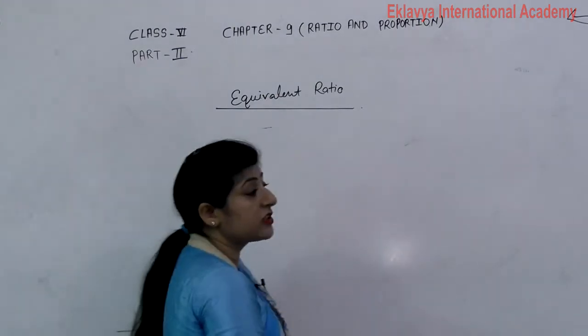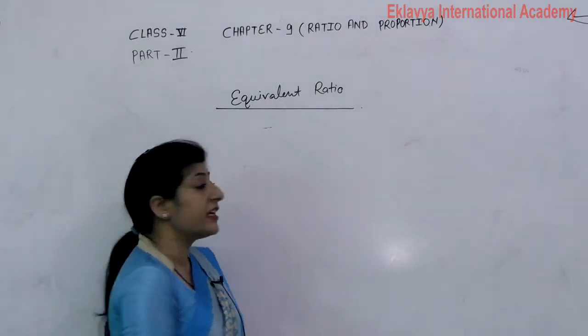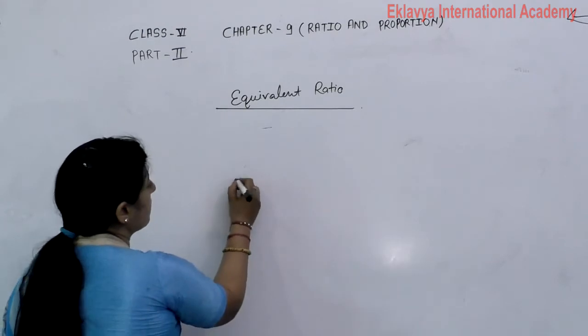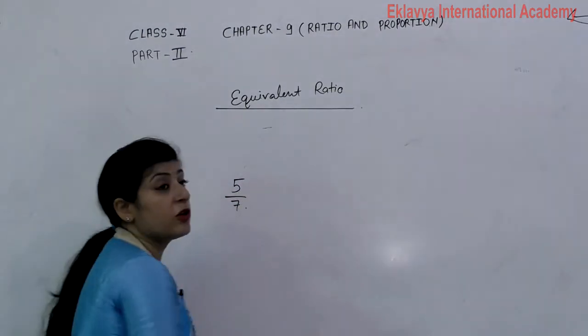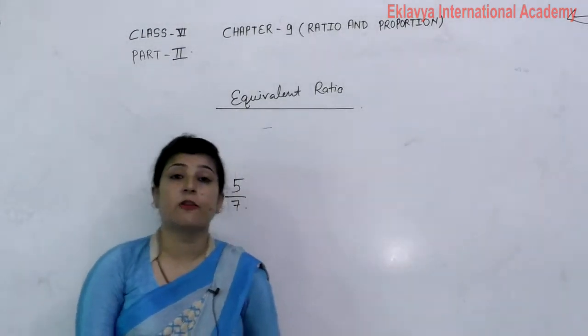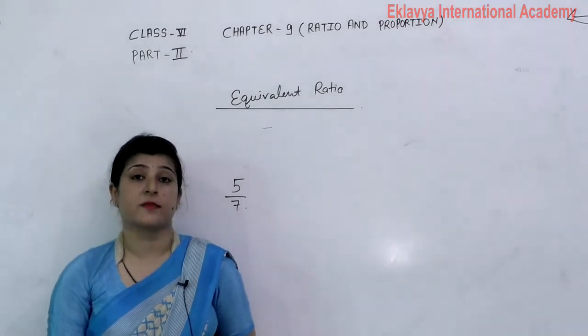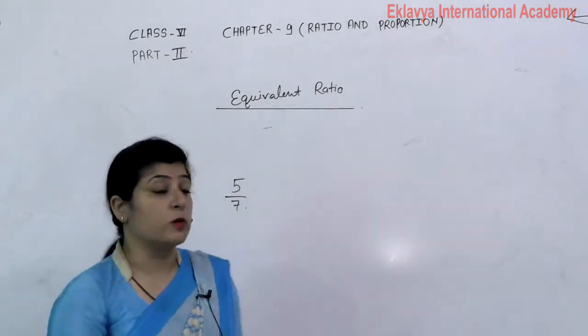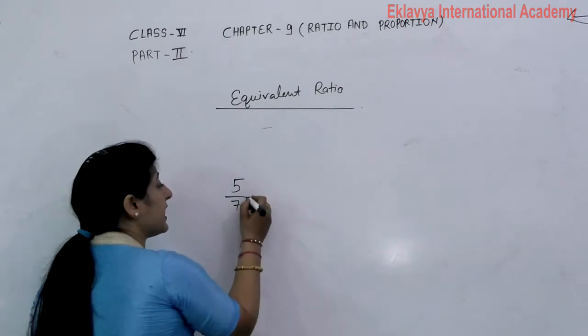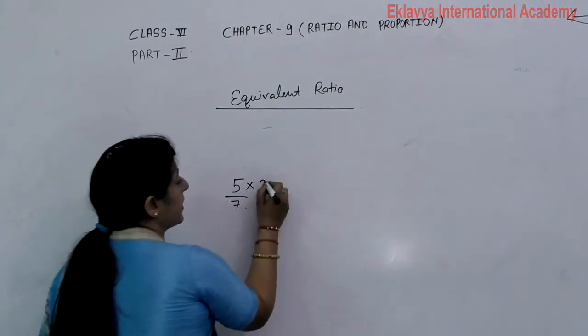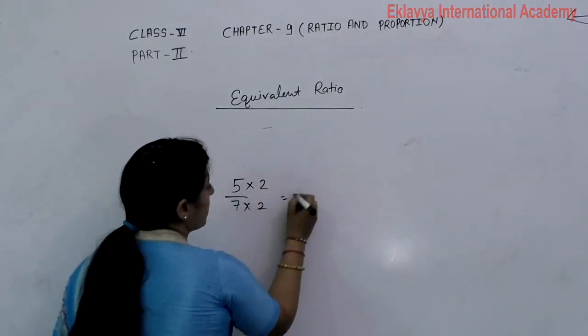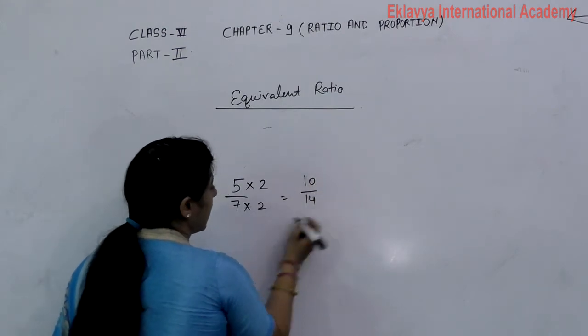How to find out the equivalent ratio of a given ratio? Suppose 5/7 is given to you and you want to find 3 equivalent ratios of this. Then how to find out? We can multiply the given ratio by any number to find the equivalent ratio.